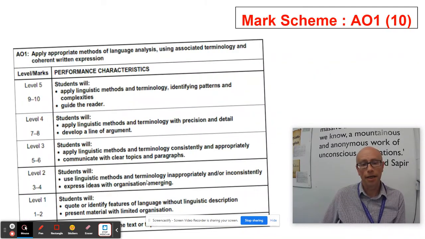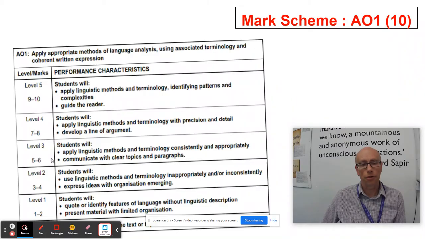If you're down here in level 2, it means that you're like a sort of average GCSE student who doesn't really know very many linguistic terms on an A-level course. So you're using terms inappropriately or inconsistently. And what's more, you're not really organising your language into very clear paragraphs.